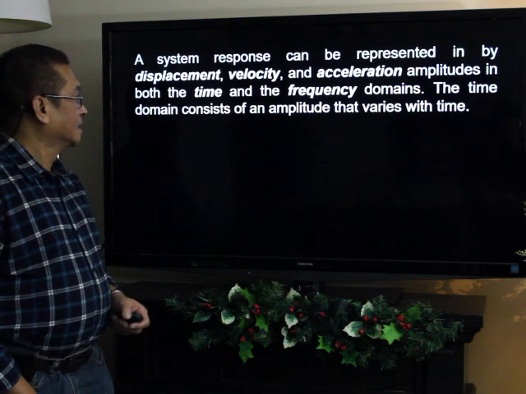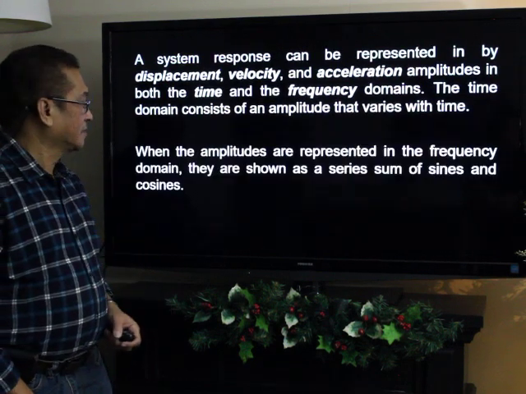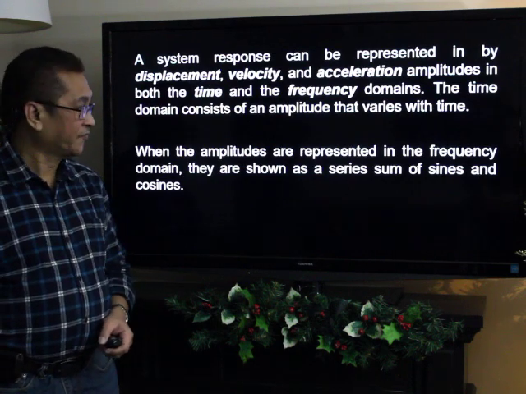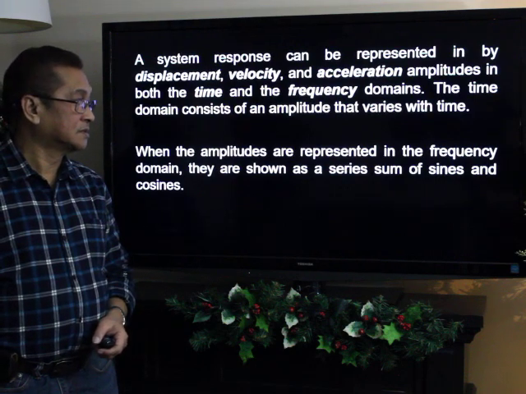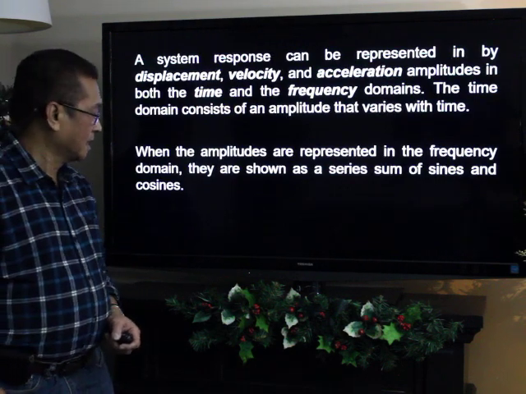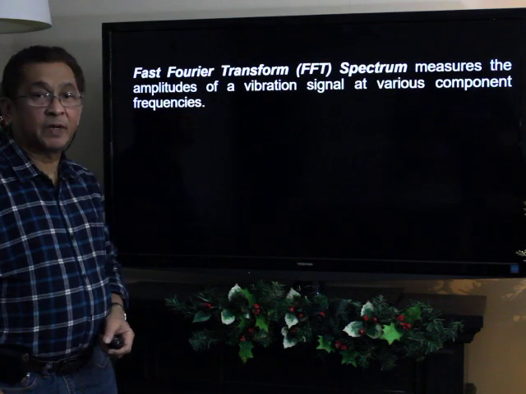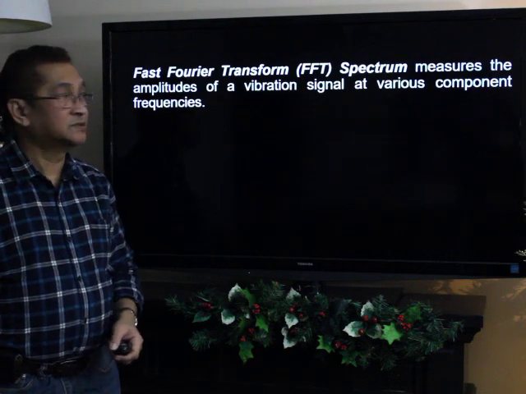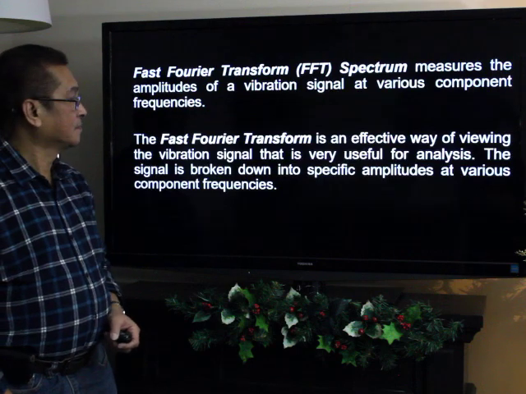The time domain consists of an amplitude that varies with time, and when the amplitudes are represented in the frequency domain, they are shown as a series sum of sines and cosines. The FFT spectrum measures the amplitude of a vibration signal at various component frequencies.